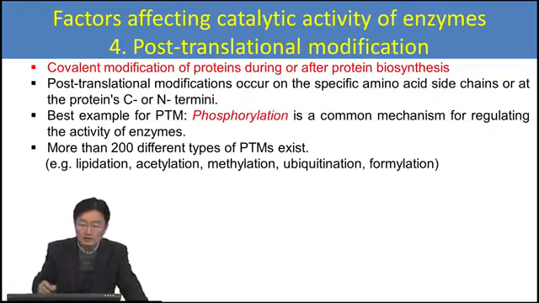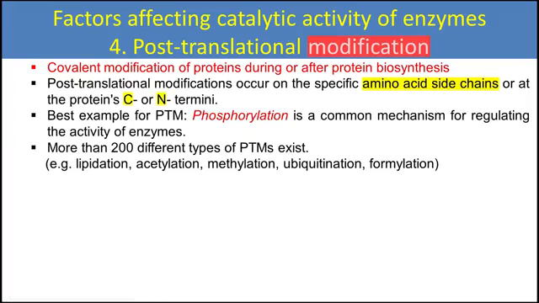Number 4 is modification. So protein is modified. The nature of modification is covalent modification. When protein-based enzymes are chemically modified, their activity can be changed. That modification can occur on a specific amino acid side chain in the middle, or maybe the extreme C terminus or extreme N terminus.